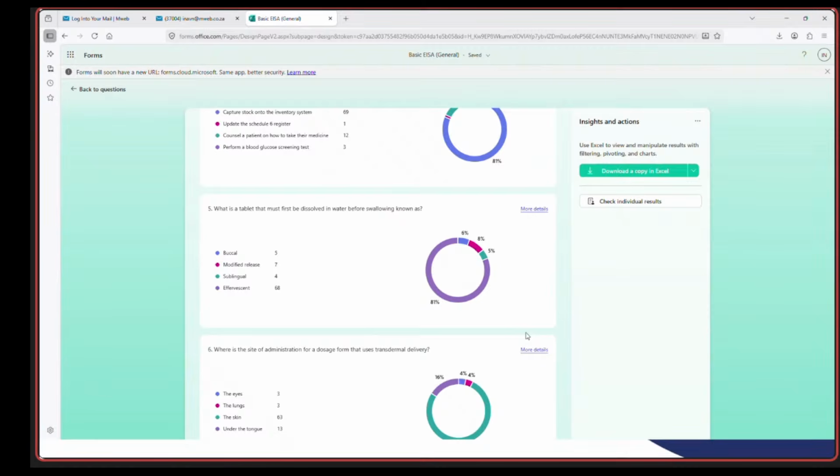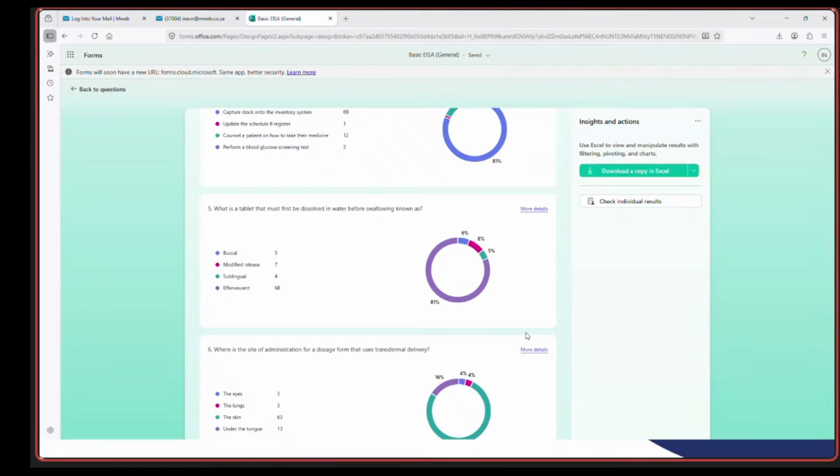Modified release. This is tablets that are manufactured, and some of them have a coating, some of them have special systems or layers to modify the release. So they dissolve in different parts of the digestive system. So they are not dissolved before you swallow them.